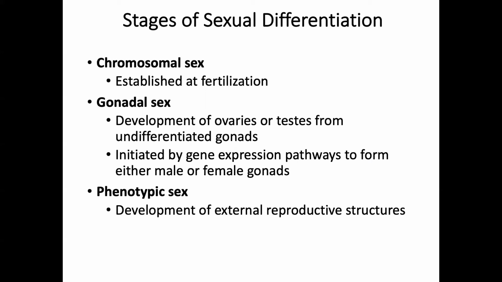It takes place over the next 4 to 6 weeks. If everything goes well, external reproductive structures can be established. Okay. In most cases, all these definitions are consistent, but things can go wrong during development. I'll give you some examples soon.